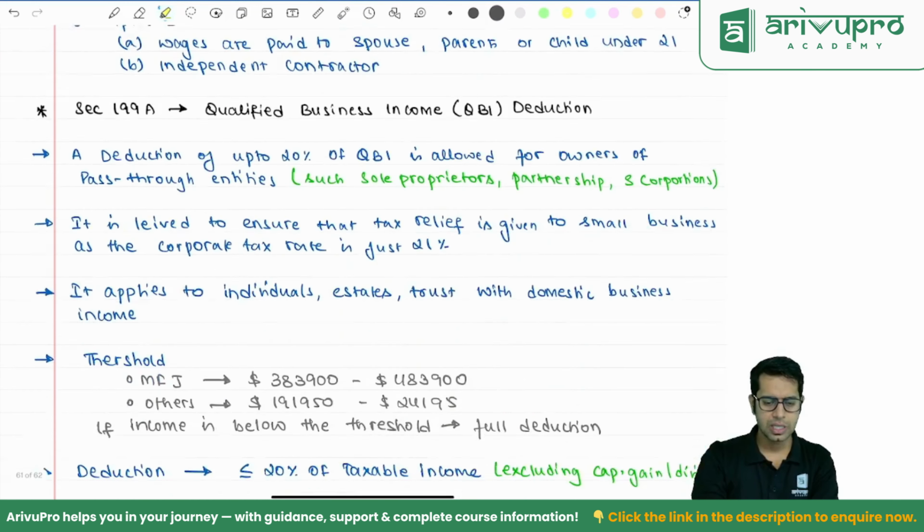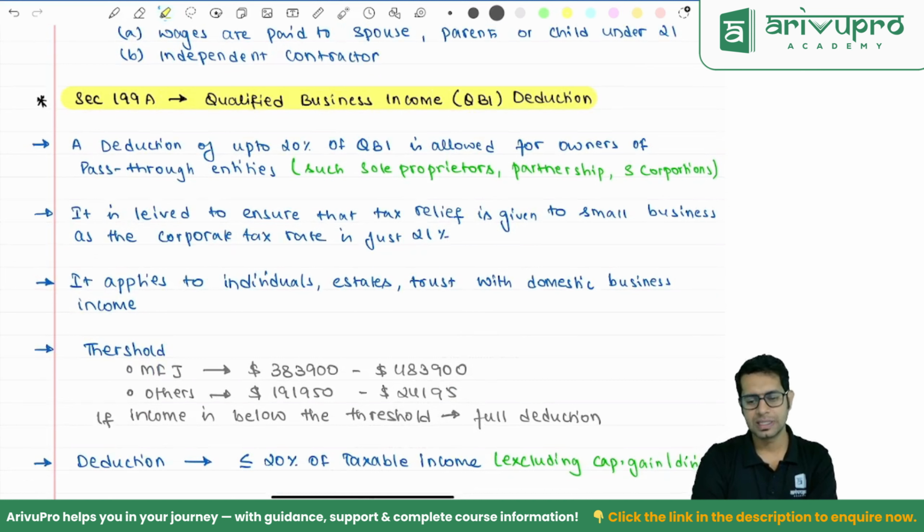Then qualified business income deduction, QBI. This is a specific deduction given for those entities which are called business entities, called pass-through entities, where their income is passed through and taxed in the hands of whom, sir? It is taxed in the hands of the owners of those businesses.